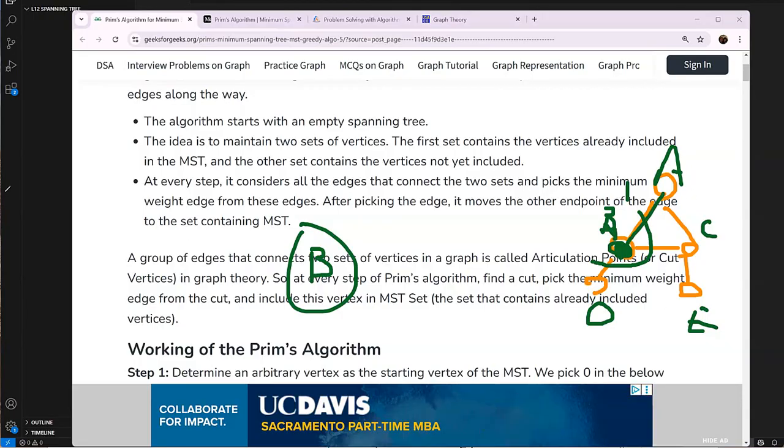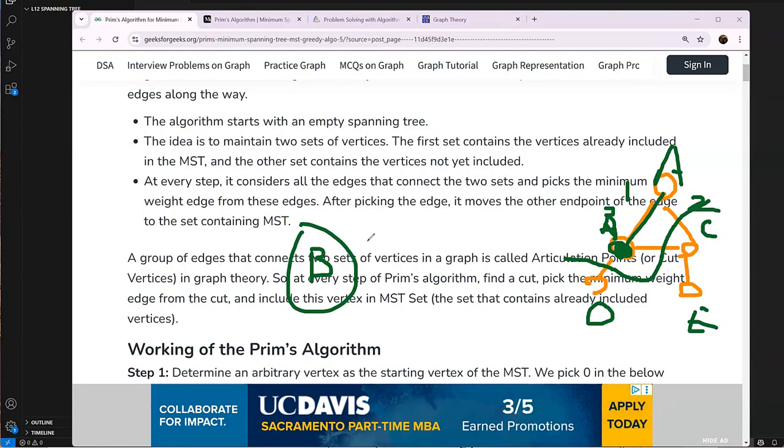In the next step, you pick among all the edges outgoing from AB that connect to the other nodes. You check all the edges that have not been used and see which one gives you the minimum weight. This one is 2, so you pick that one and add that edge into the tree.